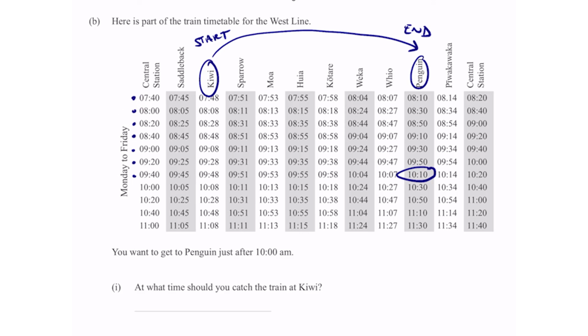Okay, so essentially we've established that we want to arrive at this time here. If we trace back all the way to the start of Kiwi, we can see that if we get the Kiwi train at 9:48 a.m., we should arrive at Penguin just after 10, or at 10 past 10.